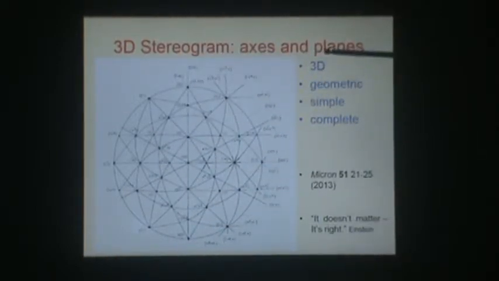And the indices are all 3-dimensional, geometric, simple, complete. I've indexed every beam in Shechtman's data. I've calculated every structure factor. As Einstein said once in similar circumstances, it doesn't matter, it's right. I first submitted this structure 7 years ago.